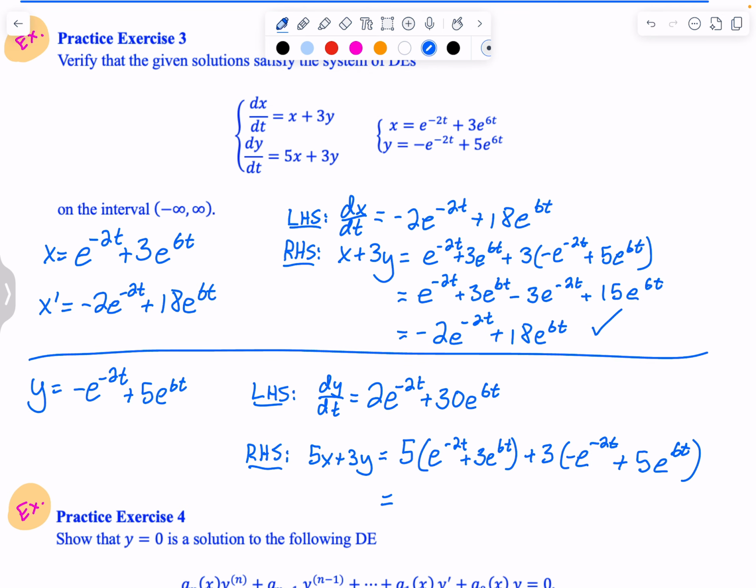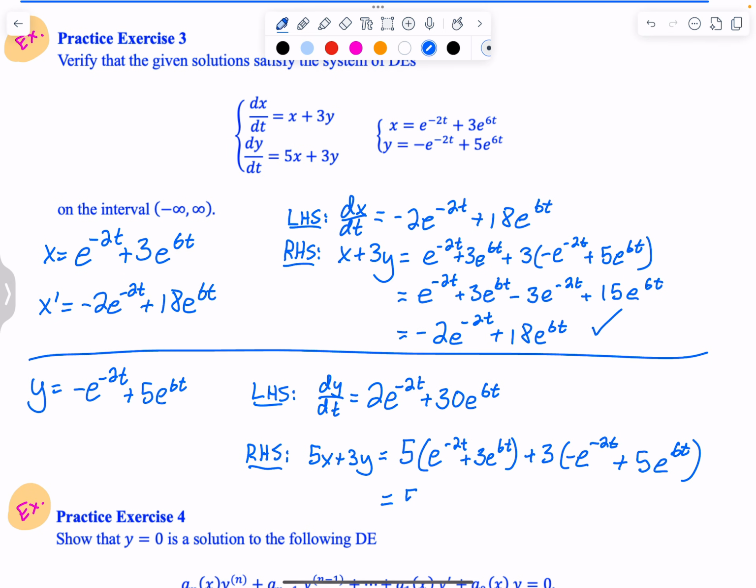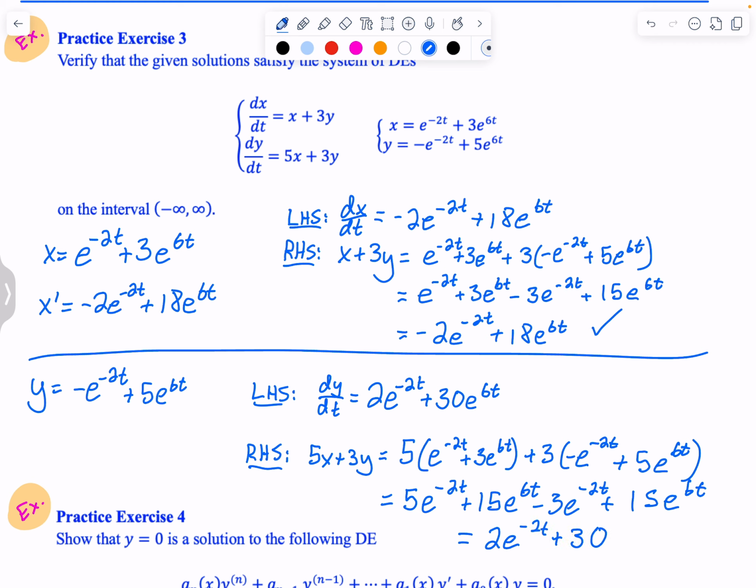So we get 5e to the -2t plus 15e to the 6t minus 3e to the -2t plus 15e to the 6t. And then I'd add like terms. So -2, I get 2e to the -2t. 15 plus 15 makes a 30e to the 6t. And that's what we got here. So we're good. We verified it.